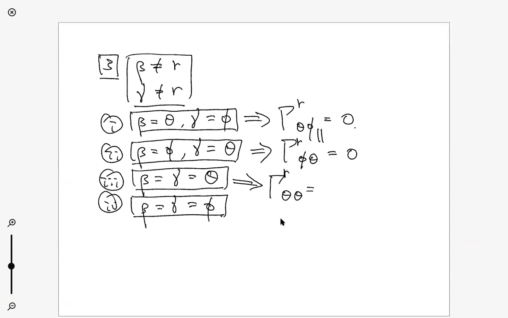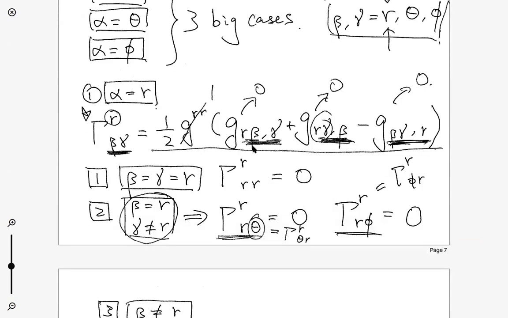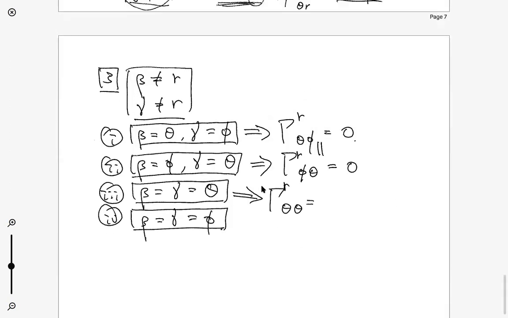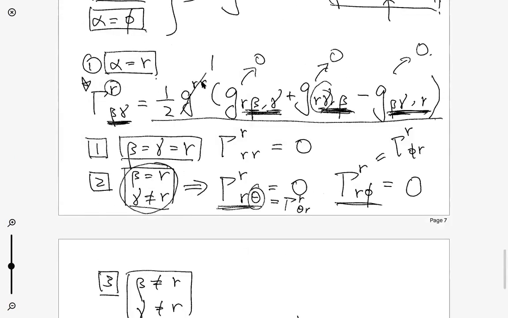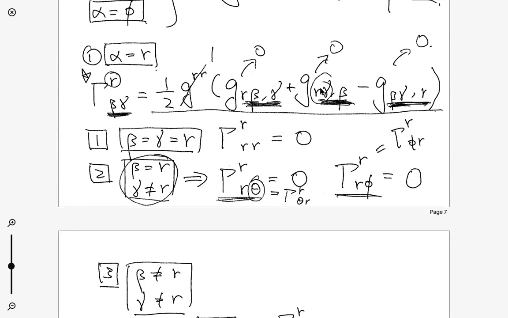Okay, let's look back at this formula. Don't forget the 1/2 here. It's very tempting to forget this 1/2, so we write the 1/2 here. And then G r r here is 1, which can be ignored. The first term and second term, as we mentioned, are 0.